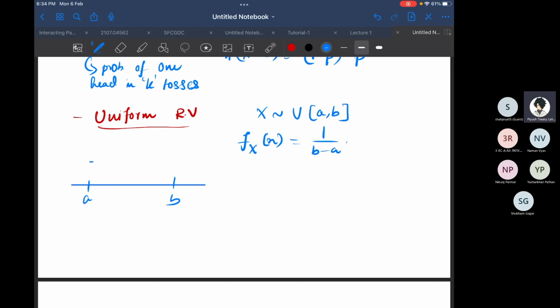The uniform density basically assigns a weight of 1 over b minus a. So the uniform density is something like, each element in this range is equally likely to occur, is what it is saying.